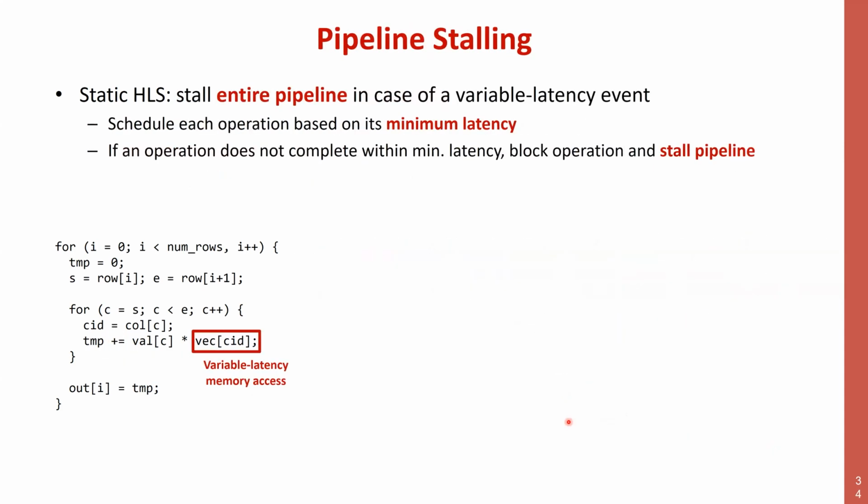So what can I do? What else can I do about these variable latency components? The other approach that one can do is to say, I assume instead of the worst case, I assume the best case. And if it is not met, I will stall everything.